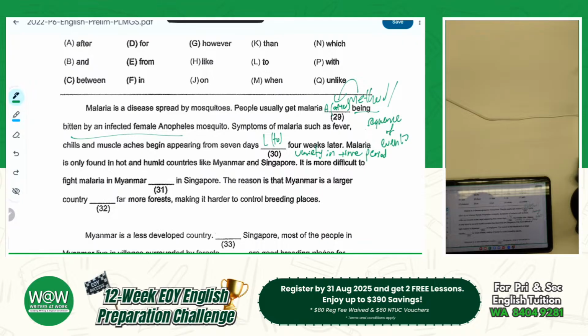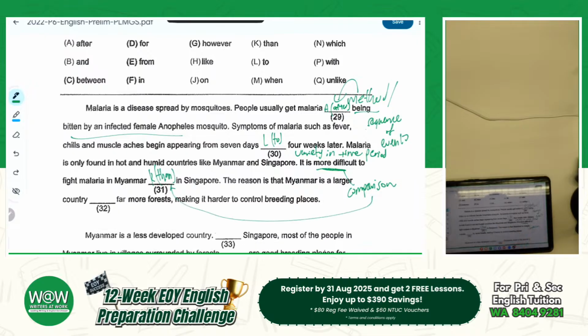Malaria is only found in hot and humid countries like Myanmar and Singapore. It's difficult to fight malaria in Myanmar dash in Singapore. So you can see more difficult here. We're trying to do some kind of comparison. So you'll say it's more difficult to fight in that country than in Singapore, because of the comparison used here.